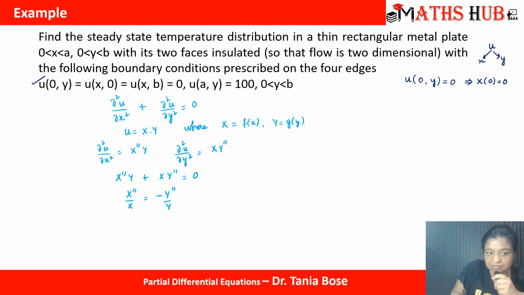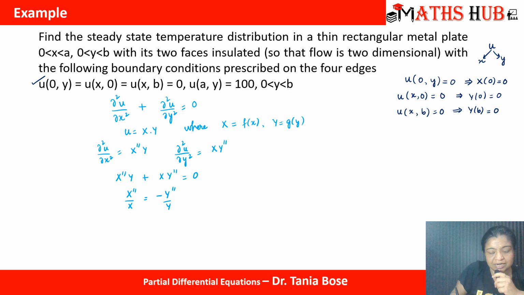This is what is implied from the first condition. Now the second condition is u(x, 0) is equal to 0. Now the condition is on variable y, so Y at 0 is equal to 0. The third condition says u(x, b) is equal to 0, so this implies Y at the point b is equal to 0.